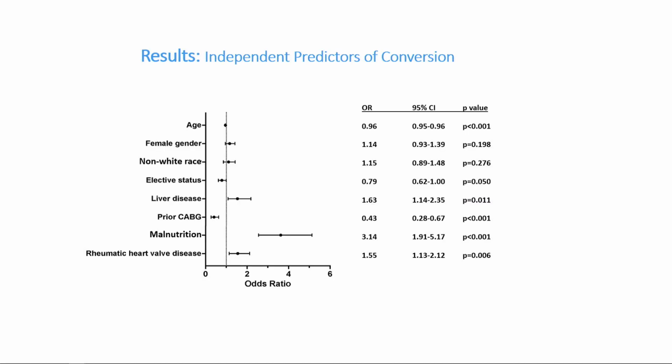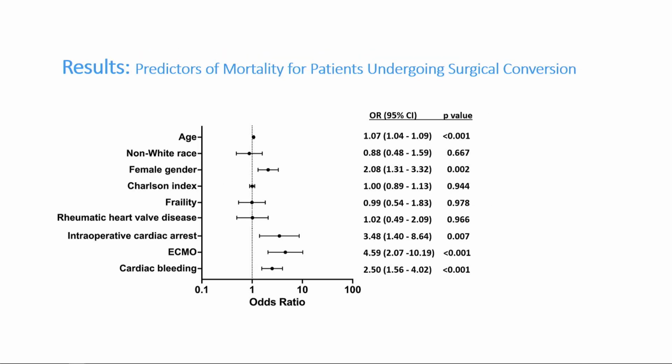We then looked at the independent predictors for conversion and found that liver disease, malnutrition, and rheumatic heart valve disease were positive predictors for conversion. We next looked at the converted cases, looking for the predictors for mortality.